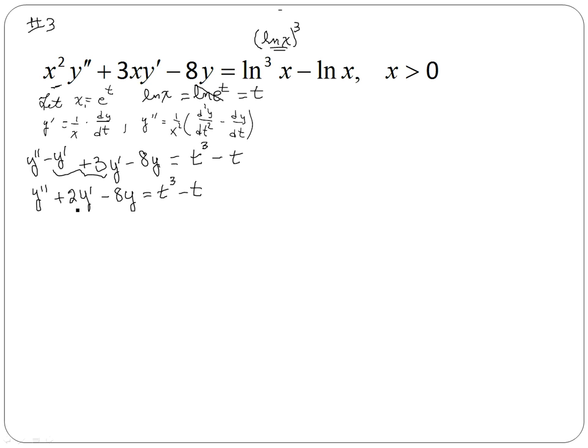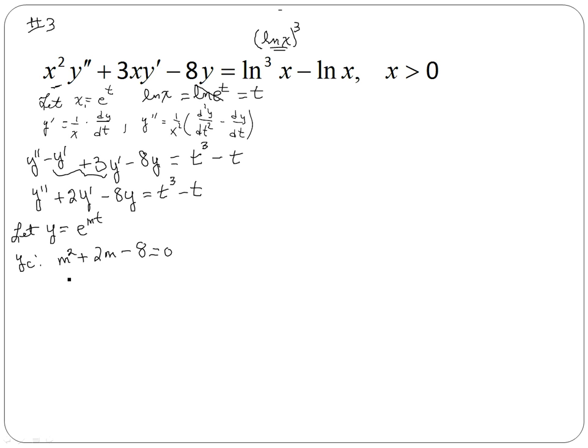And now we have a second order linear ODE with constant coefficients, and we can solve by letting y equal e to the mt, and to find our characteristic solution, substituting in and then factoring out e to the mt from each term, you'll be left with what's called the characteristic equation, m squared plus 2m minus 8 equals 0.